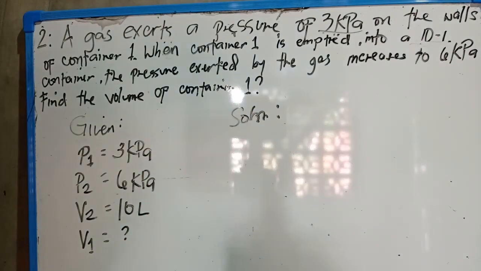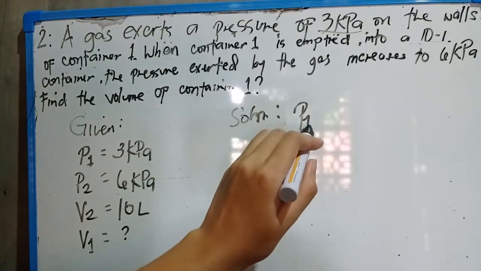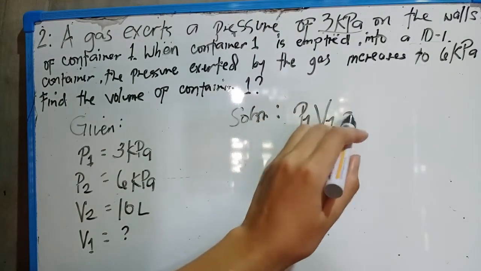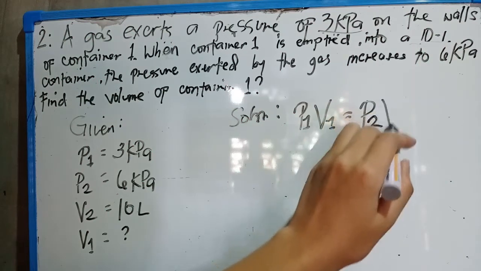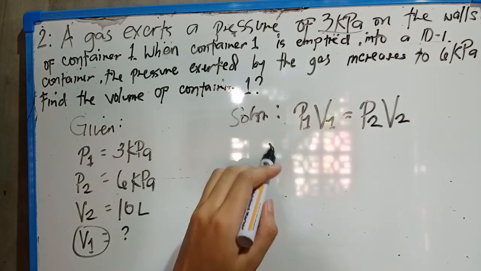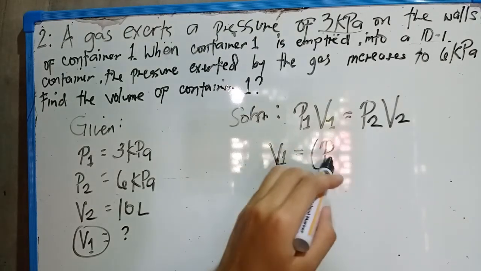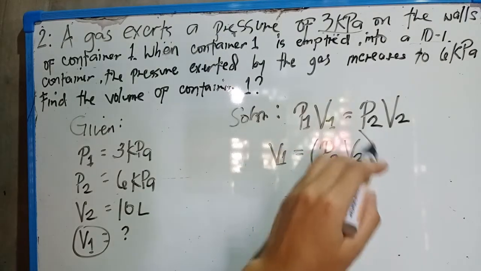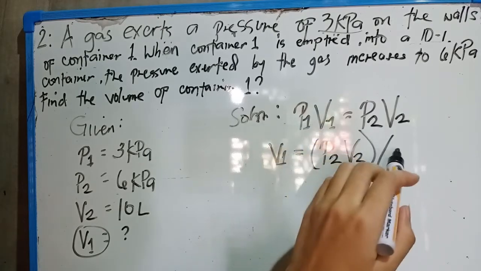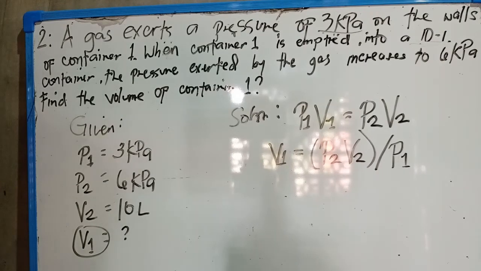So, same formula that we've used kanina. We have P1 multiplied by V1 equals P2 multiplied by V2. So, since you're going to get the initial volume, we have now transposed, then divided by the initial pressure.